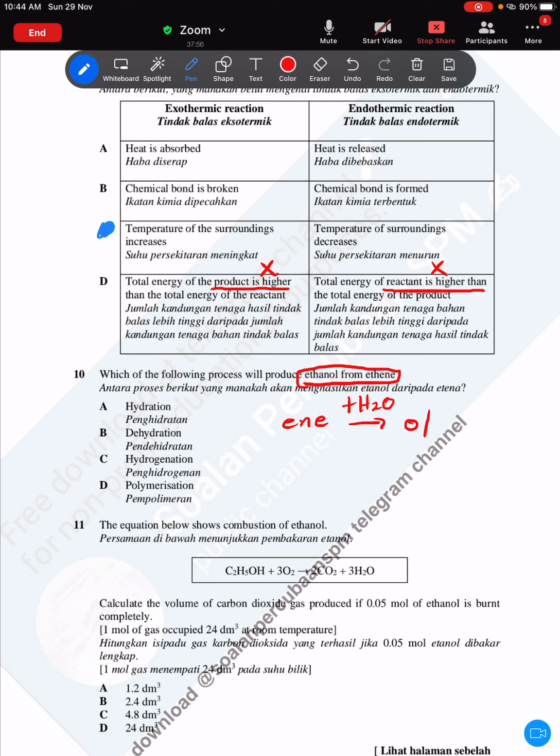Tell me the condition for hydration. Yes, the answer is A, but I'm asking the condition. What is the condition? Ethene becomes alcohol. Tell me. Anyone can answer. Yes, that is the condition: the catalyst, the temperature, the pressure, everything.